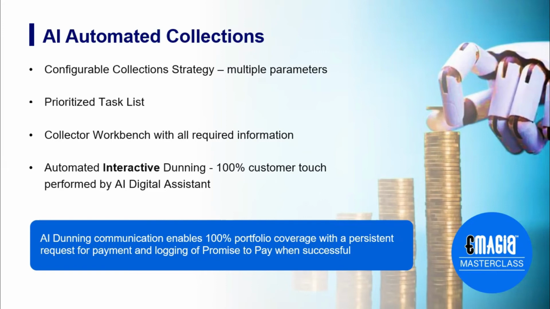Avoid bad debt, generate cash, whatever. And of course, all this information is provided on a collector workbench. So when that collector sits down, they've got all the resources and information they need.